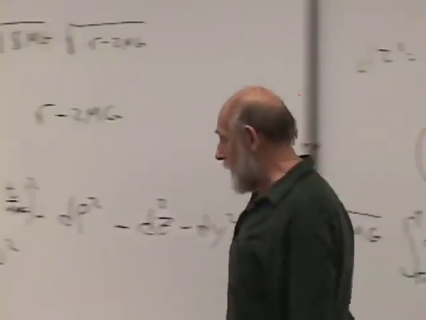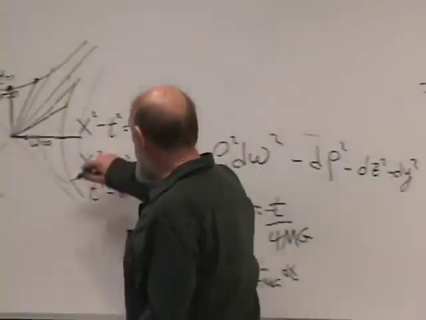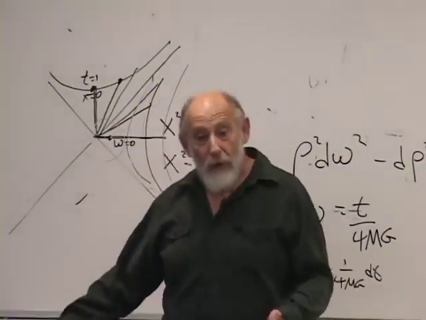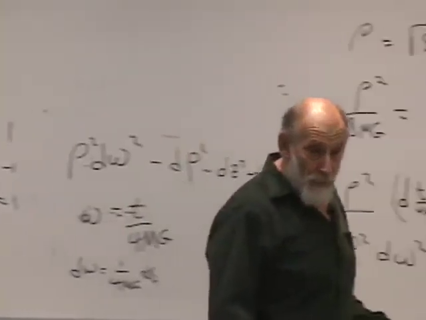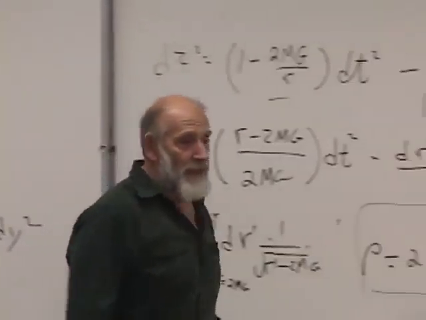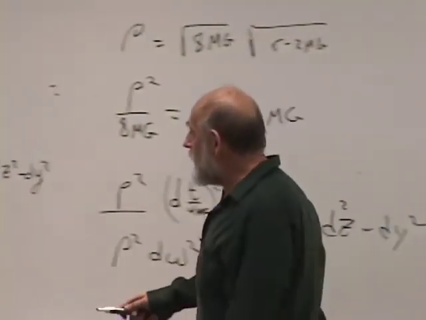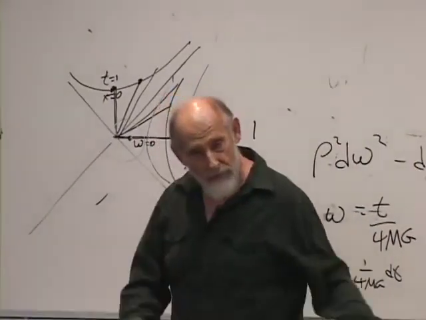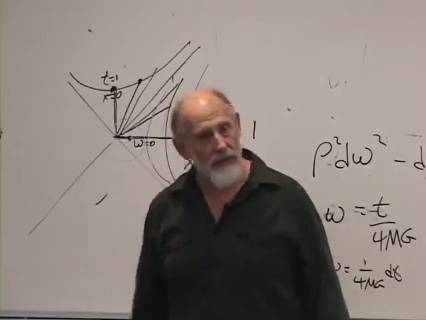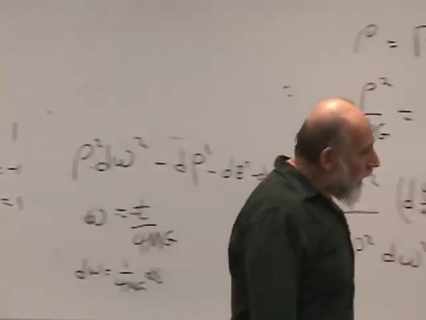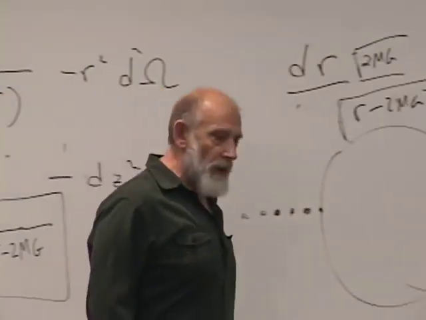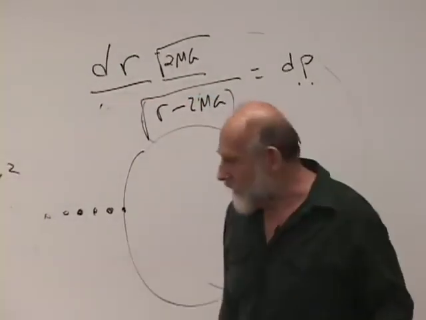Same thing here. To keep somebody on one of these accelerated coordinate systems, you might imagine pulling them along by a rope around their neck. The closer they are to the horizon here, the harder you have to pull them. So it's exactly the same geometry. The near horizon geometry is the accelerated coordinate system geometry.